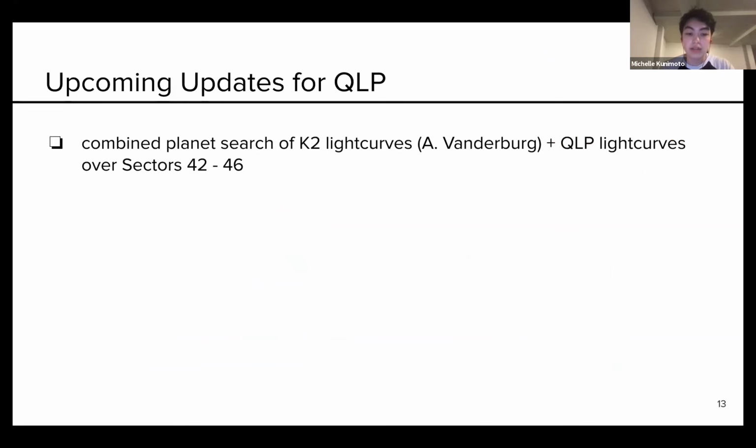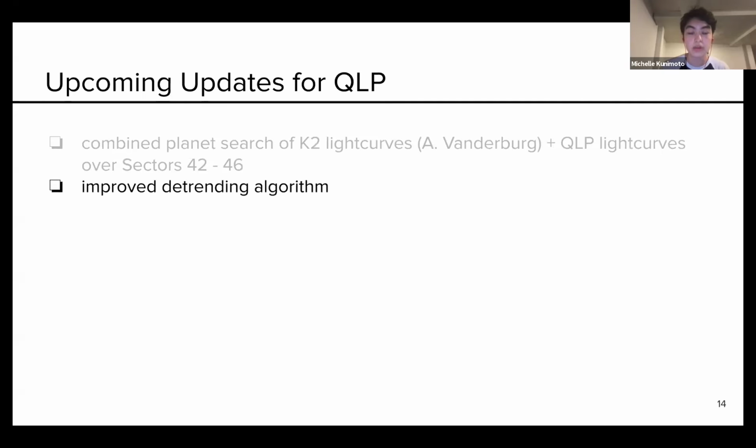So on my last note, as I finish up here, I just want to outline some quick updates that are going to be coming for QLP. The first is when TESS observes the ecliptic, we're actually going to be combining our processes with the K2 light curves, courtesy of Andrew Vanderburg, in a combined K2 QLP analysis for transit searches. We're working on improving our detrending algorithm, which is going to work more similarly to SPOC's PDC algorithm and improve light curve precision.